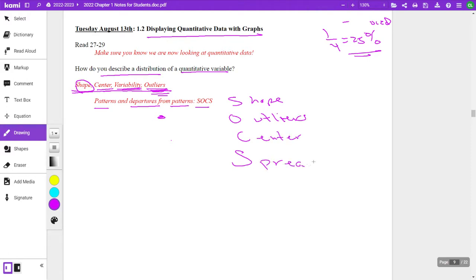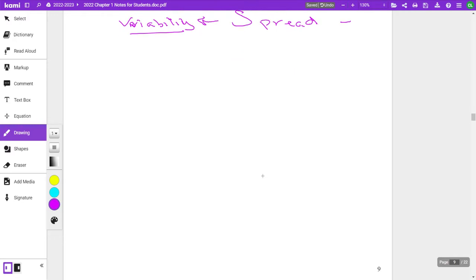And now remember, spread, we term it variability. When I type it out, it looks a lot better. So these are the 4 things we're going to tackle in this little part of statistics.